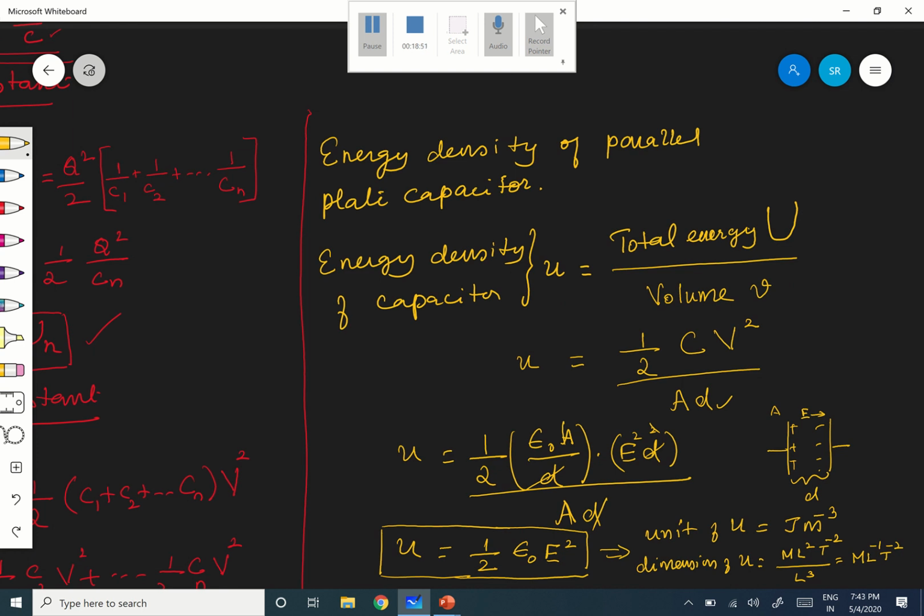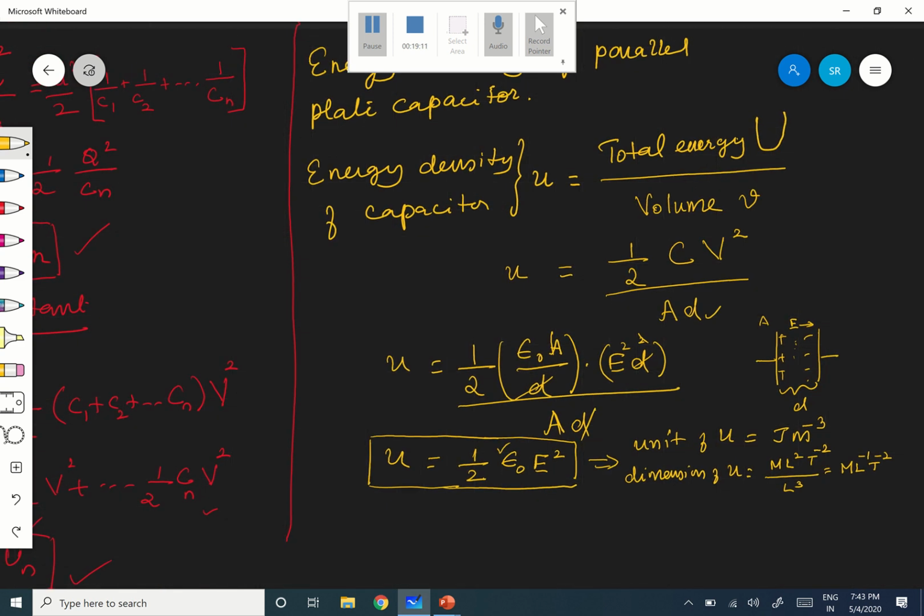Are you following? If there is a dielectric in between the plates, a medium having dielectric constant K, what is U for the medium?